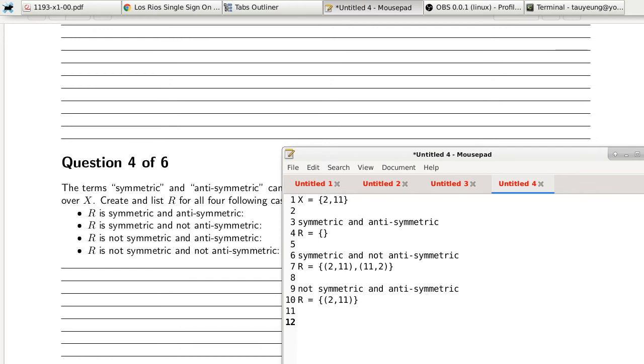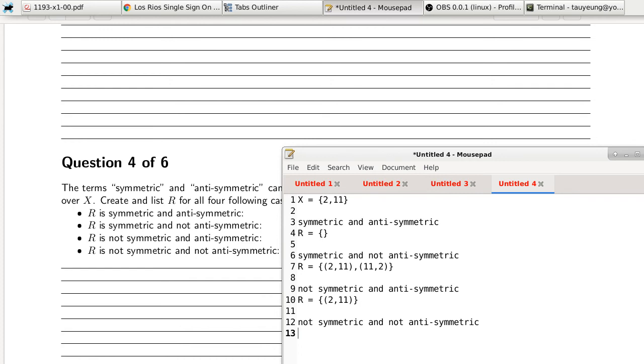So the last one is not symmetric and not anti-symmetric. Let's check this one out. If something is not symmetric, can we make it so that it is not anti-symmetric? Generally speaking, it is possible, but we'll need three elements to make it happen.